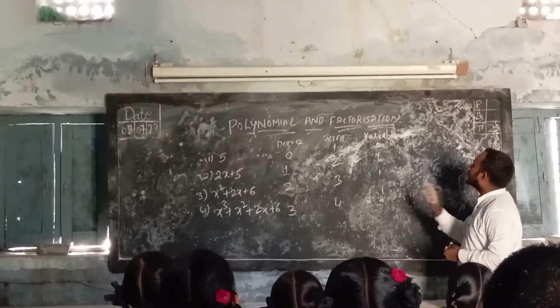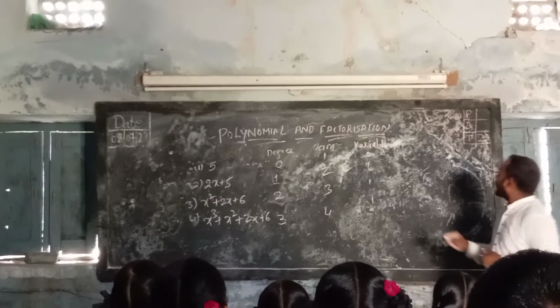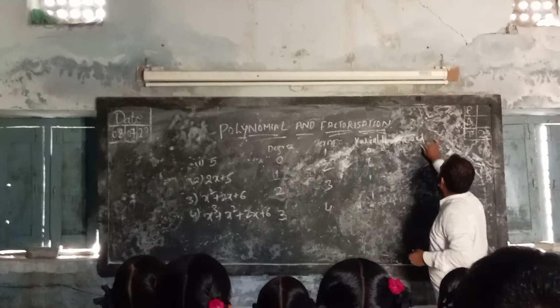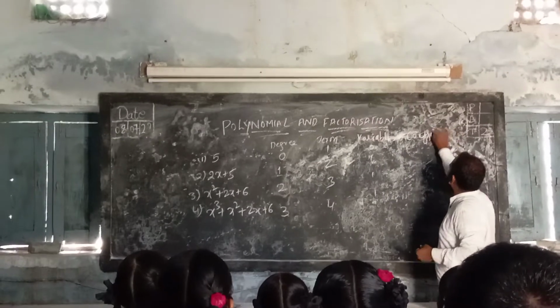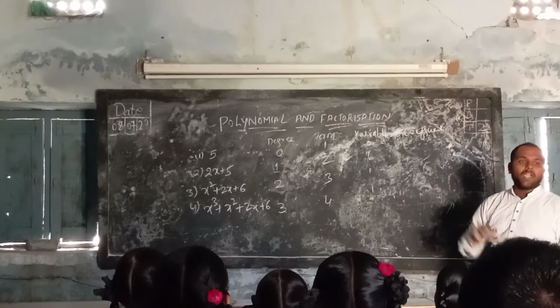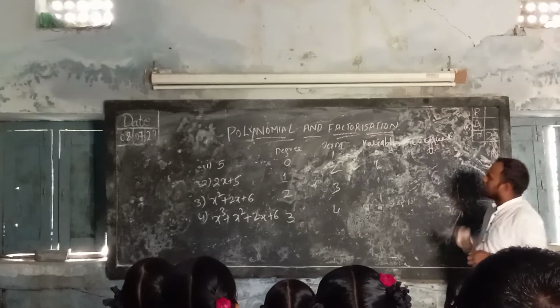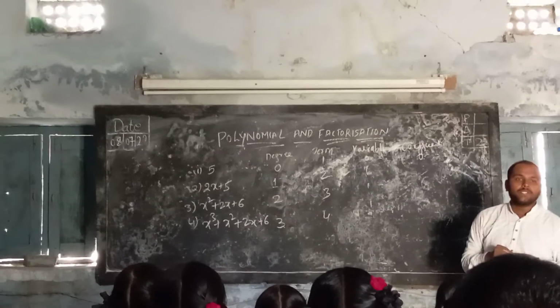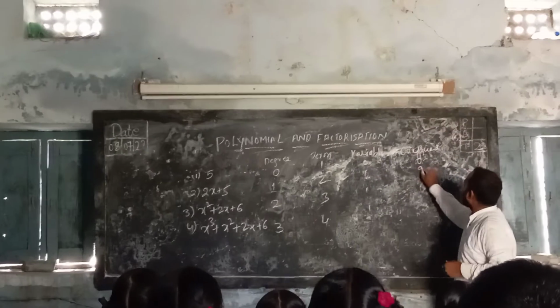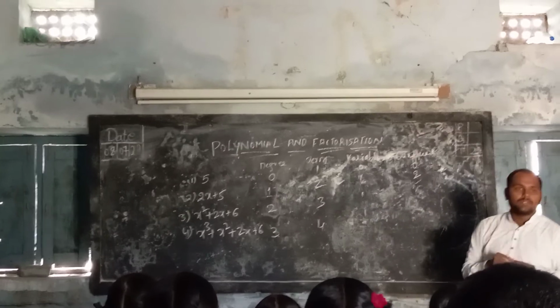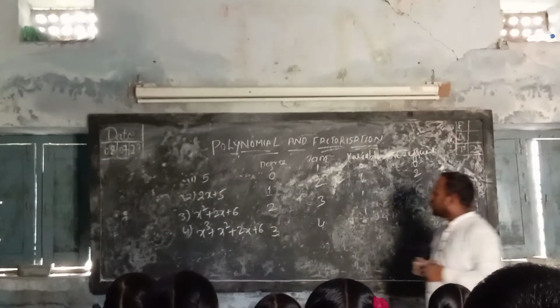Next, degree, term, variable completed. Coefficient. For 5, is there any coefficient? No. 0 coefficient. For x, how much is the coefficient here? 2. X square coefficient, how much? 2? How? 1.